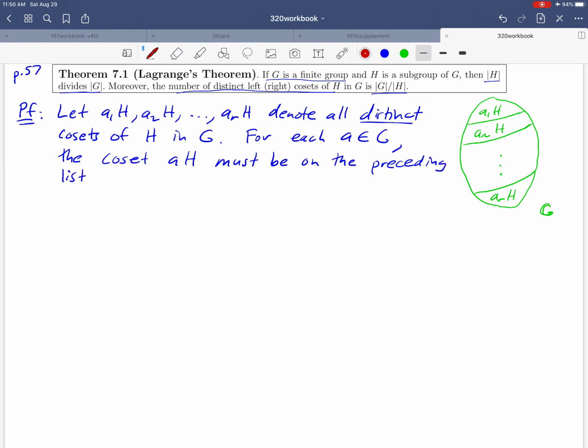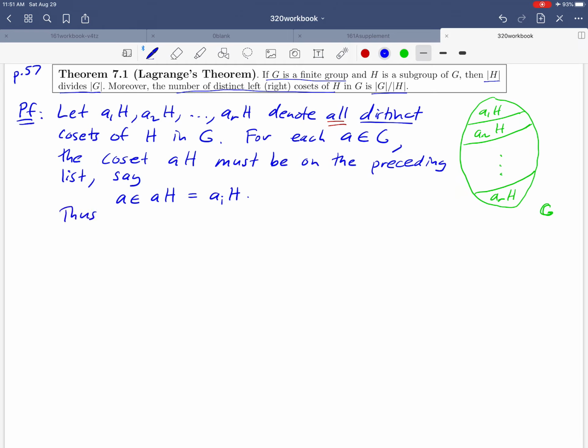The reason for that is this word all. We made an assumption that that was a complete list of cosets, so it's got to include the coset AH. That means A is in the coset AH, and that coset has to be one of the ones on our list. Maybe it's AI times H. So what we've really shown is that every member of G belongs to one of the cosets.